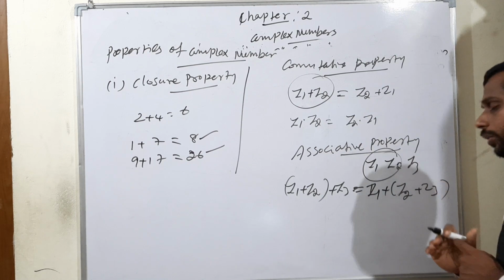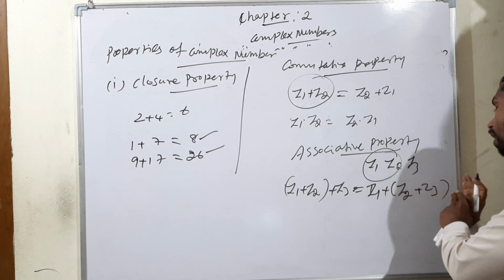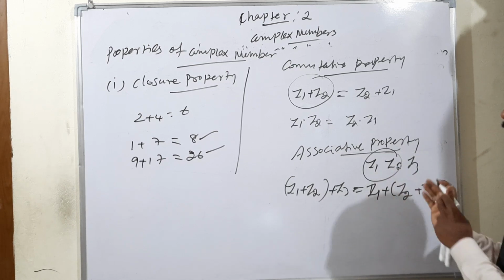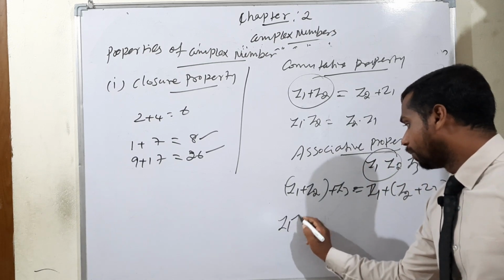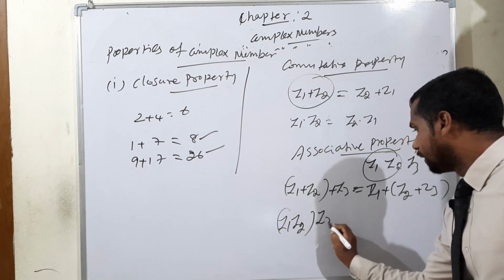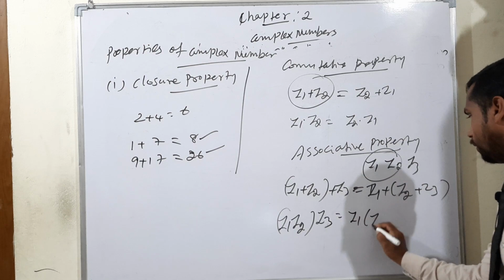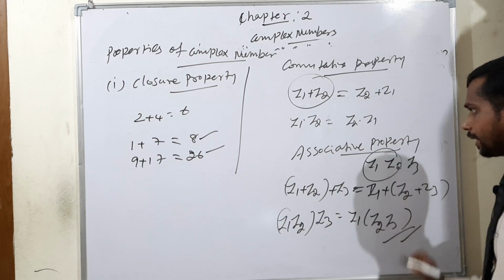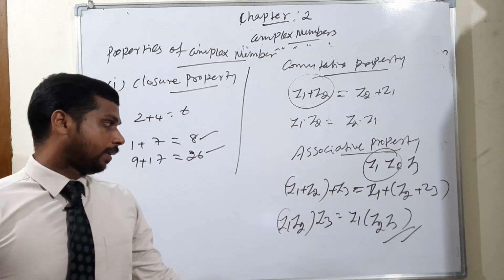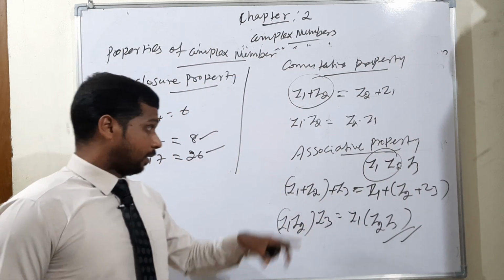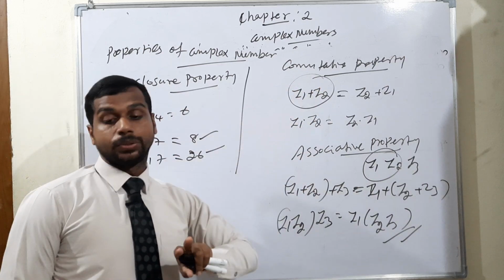That will be equal to Z1 added with Z2 plus Z3; the answer will be equal. That is associative property. In addition and multiplication it is the same: Z1 into Z2 into Z3 is equal to Z1 into Z2 into Z3. You will get more idea when you go to the examples and exercises. Okay, these are the three types: closure property, commutative property and associative property.